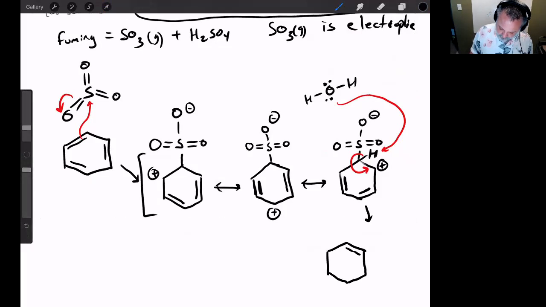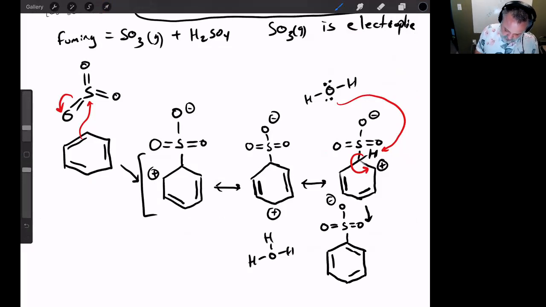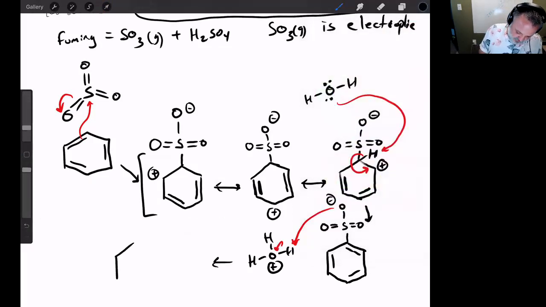And as I said before, the end of the reaction is what's different sometimes. I still have a negative charge here that I have to deal with. That's all well and good. I just made some H3O plus, so I can use that H3O plus to protonate that negatively charged oxygen. And that's how I get the final product for sulfonation.